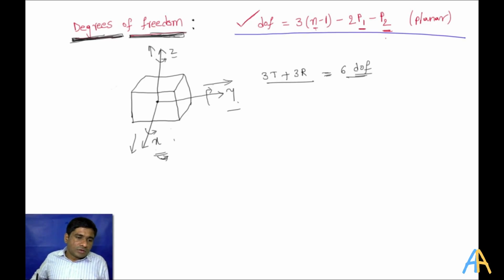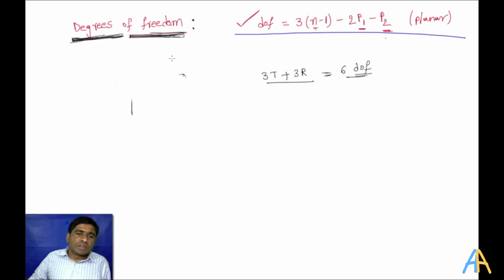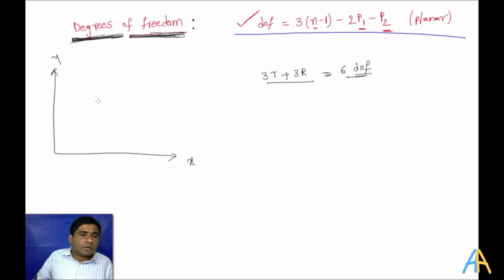That means we considered 3 coordinate axes, but I would like to consider the same body in a plane. So what happens if I consider it in a plane? So this is the plane, x and y, and this is the body, some rigid body. It can translate along the x-axis, in this direction or in this direction, without any constraint, and it can translate along the y-axis.